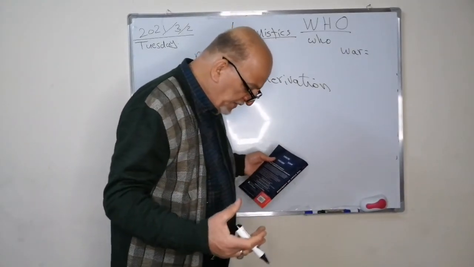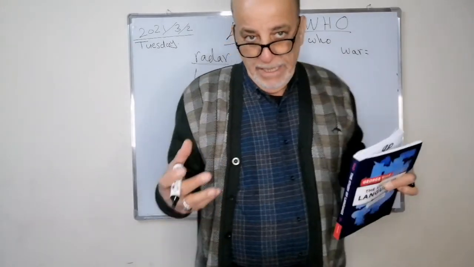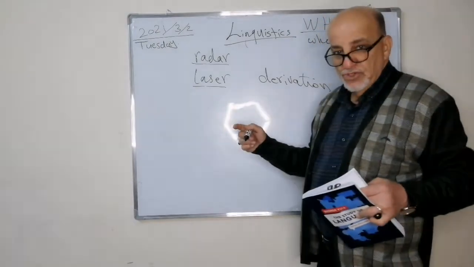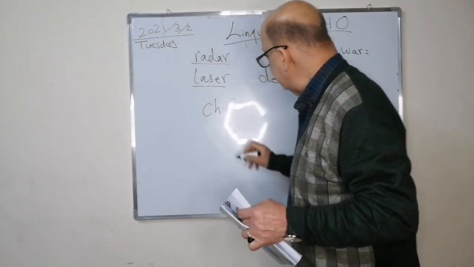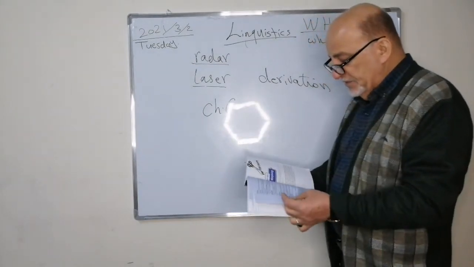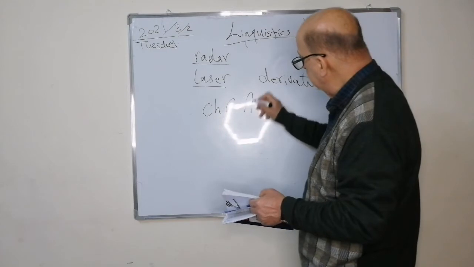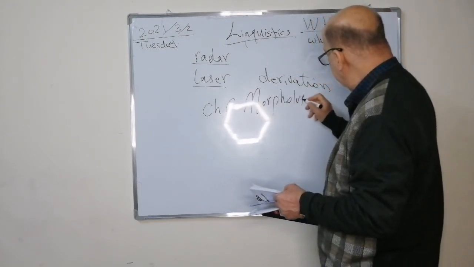In derivation as a word formation process, as I said just now, it is related to chapter 6. What is chapter 6? The title is morphology.